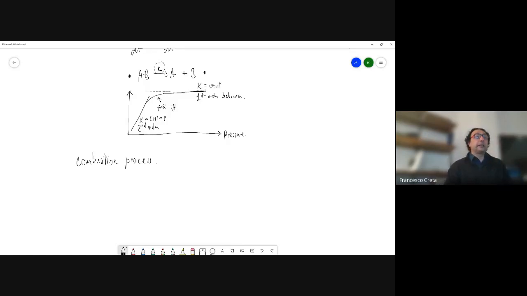Usually, we don't just write the word explosion. In English, there's also the word runaway reaction.